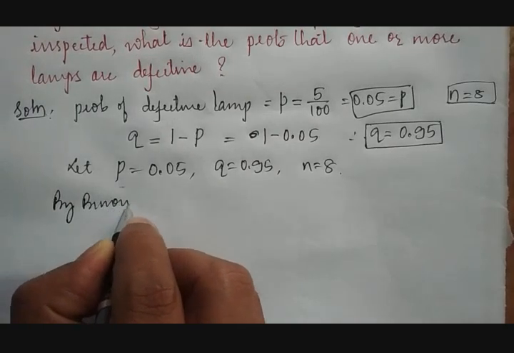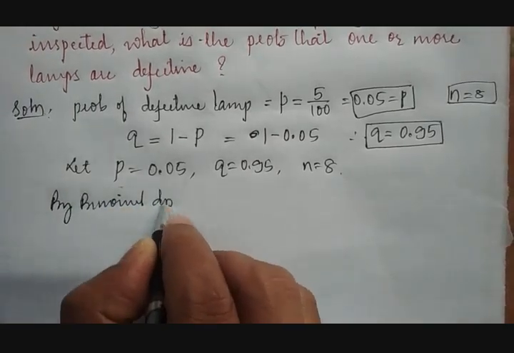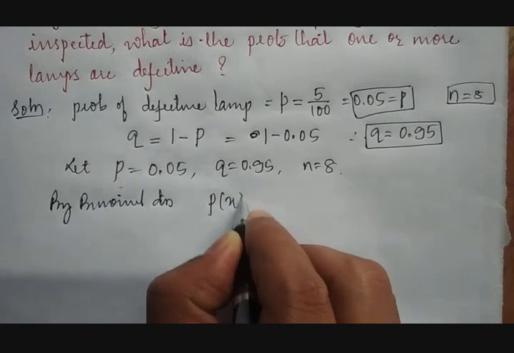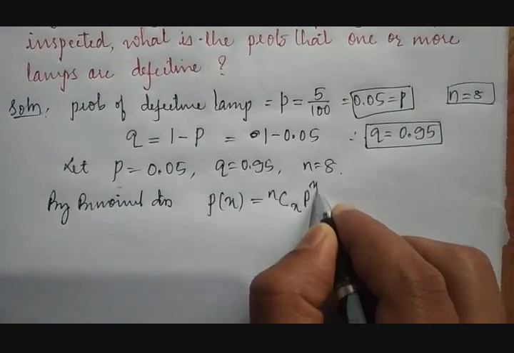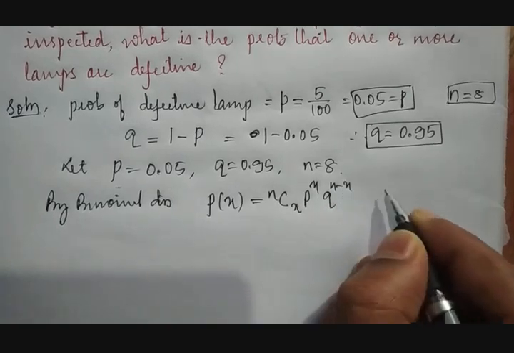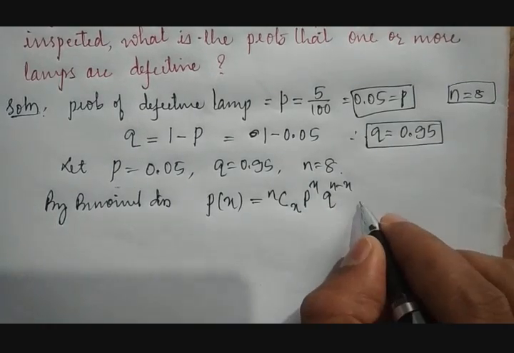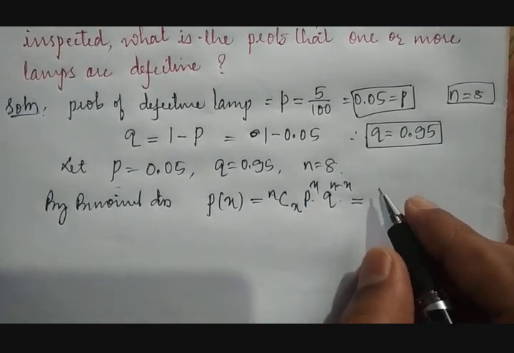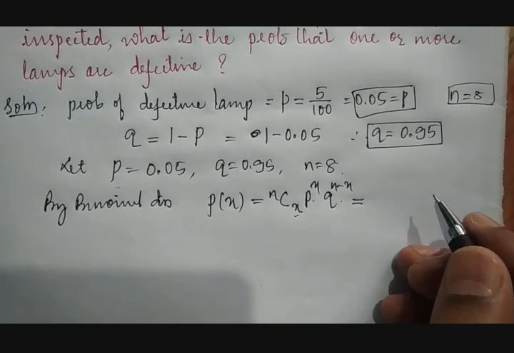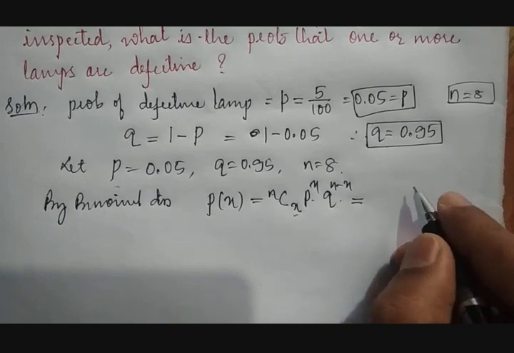So by binomial distribution, we have the result P of x is equal to NCx, P raised to x, Q raised to N minus x. Because we have N, P, Q, substitute. Now everything depends on x.